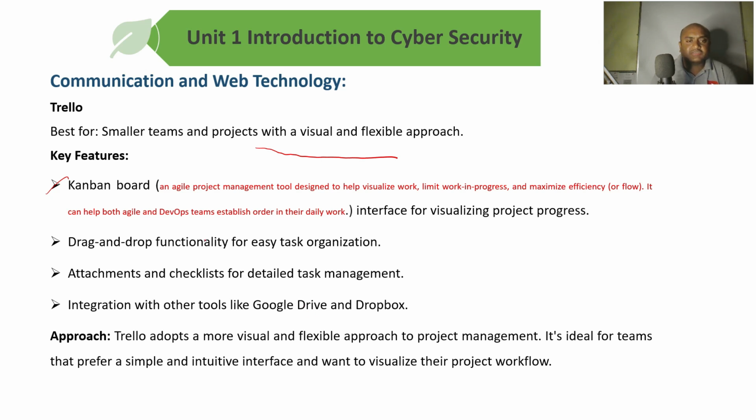It's a project management tool designed to help visualize workflow, limit work in progress, and maximize efficiency of workflow. It can help both agile and DevOps teams to establish order in their daily work.